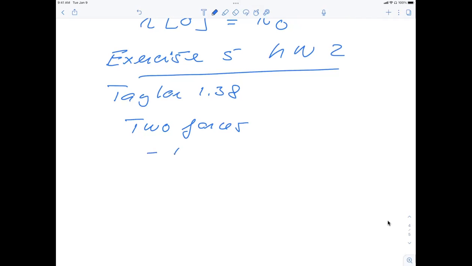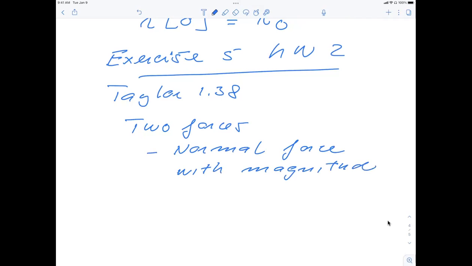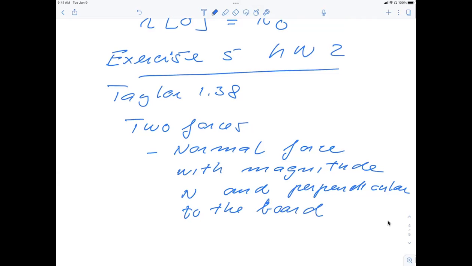So you have a normal force, where we can assume that it has a magnitude n, and, as it says in the exercise text, it is perpendicular to the board. So we're also assuming that this object is not leaving this board.